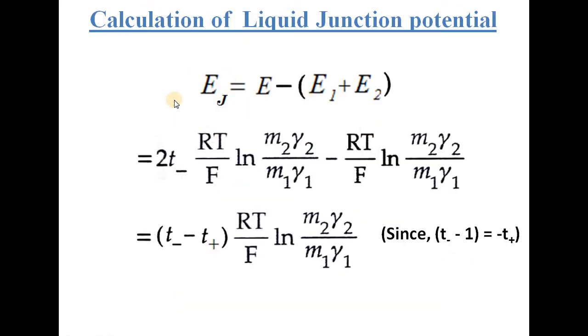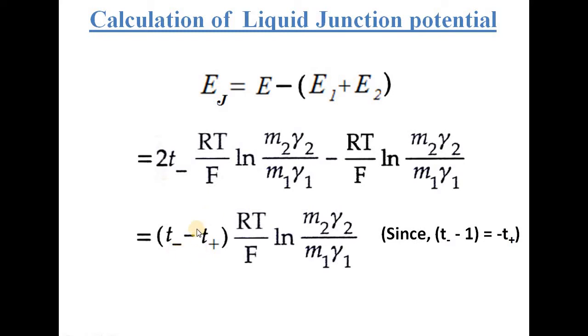So EJ, the liquid junction potential, will be equal to the total EMF of the cell minus the EMF of the cell due to only electrode potentials occurring due to electrode reactions. So we have EJ = 2t negative RT/F ln(M2 γ2 / M1 γ1) minus RT/F ln(M2 γ2 / M1 γ1).